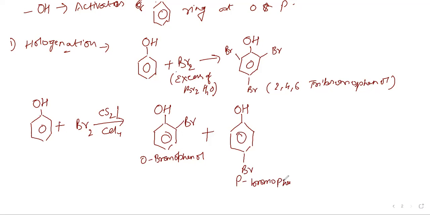Now, what is the reason that when we used bromine water, we got 2,4,6-tribromophenol, but on using this non-polar solvent, carbon disulfide or CCl4, we got the ortho and para products separately?